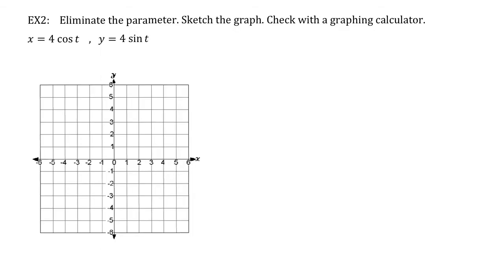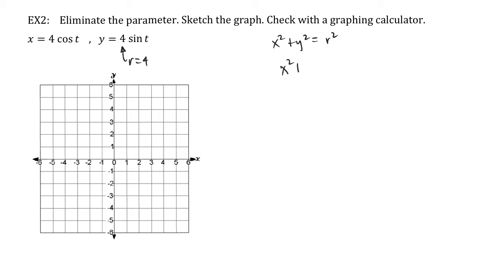So I have x equals 4 cosine t and y equals 4 sine t. So I do know that x squared plus y squared equals r squared. And the other thing I know is when we have y equals 4 sine t, that's going to be our r value.